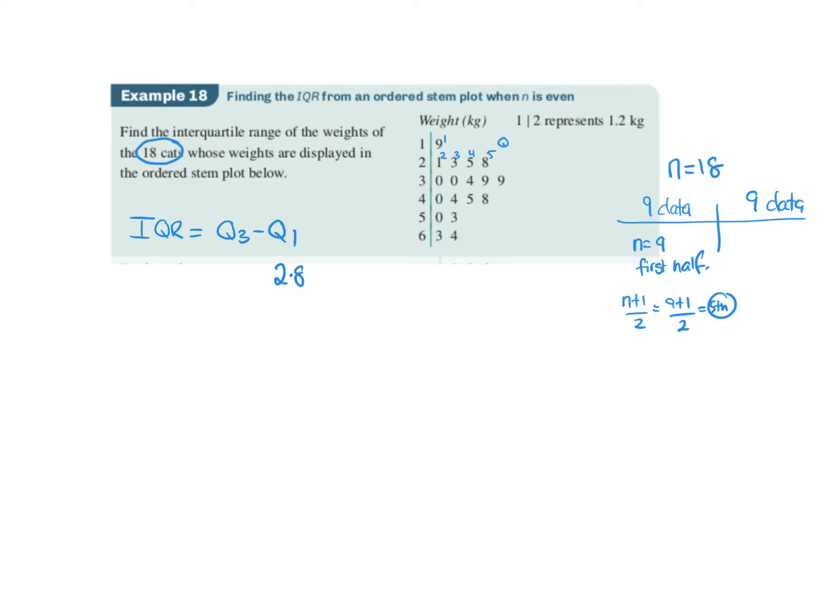Because we have 9 in the second half, it'll also be the fifth from the end, so we can count backwards to get Q3: 1, 2, 3, 4, 5, and it's 4.8. So the IQR is 4.8 minus 2.8, which equals 2.0.